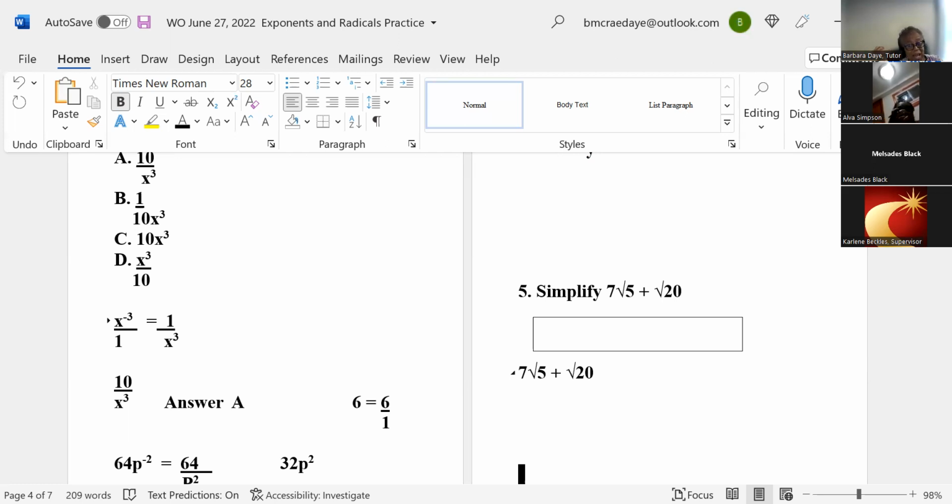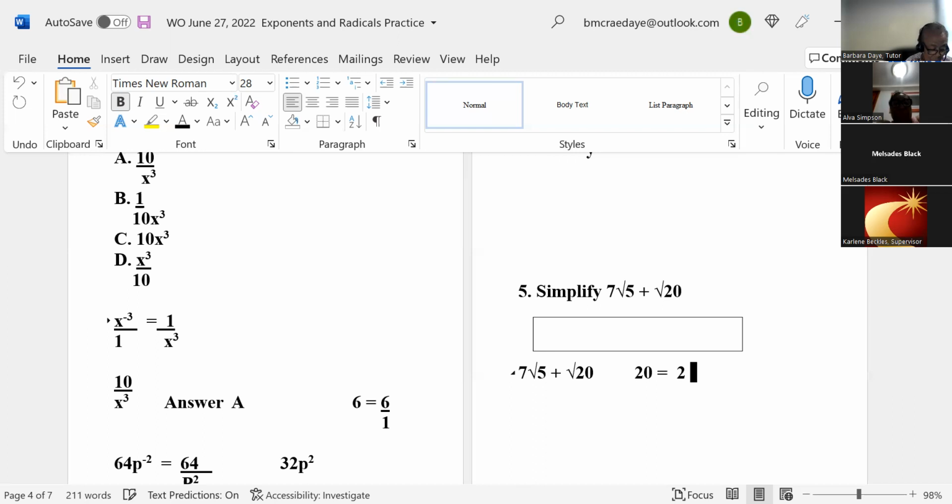20 is not a prime number. 20 factors into numbers, one of which has a perfect square root. Mercedes, what are some factors of 20? 2 and 10.